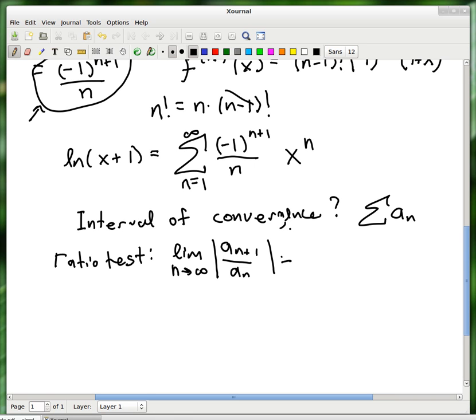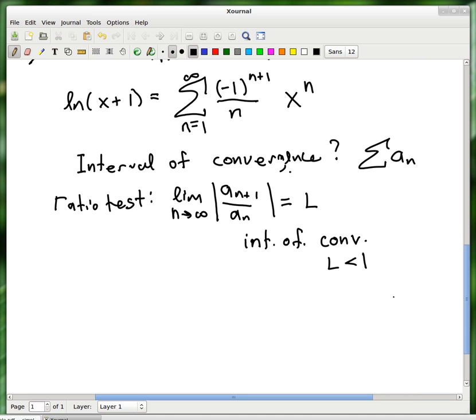This is going to equal some L, and the interval of convergence is just the values of x that make L less than 1. So this is our mission. Let's set it up.